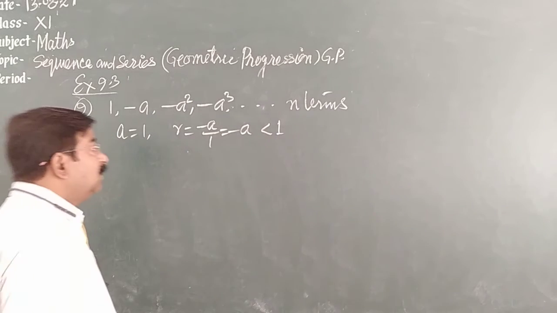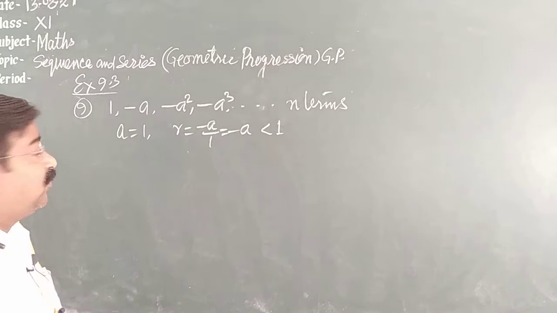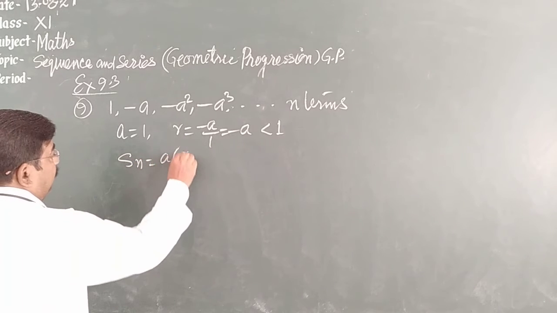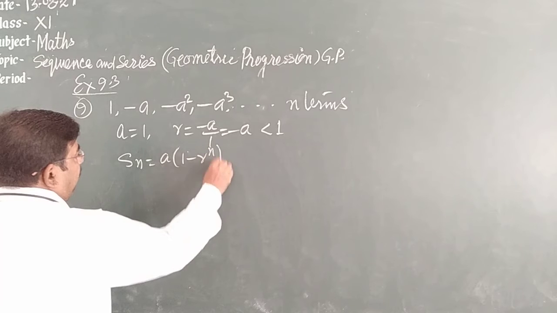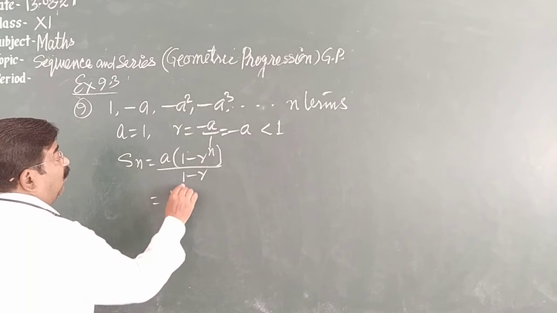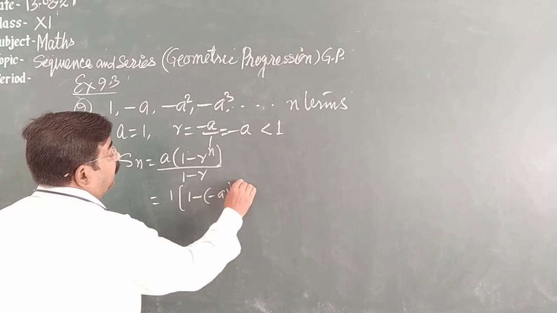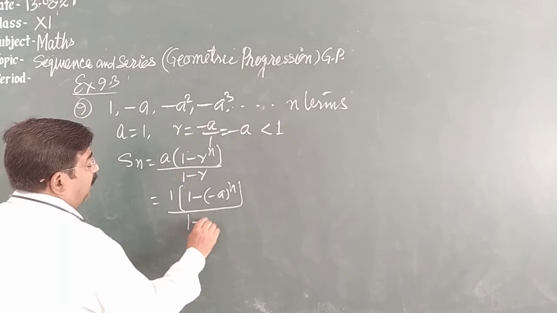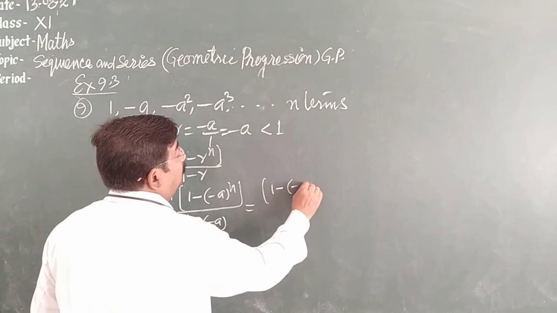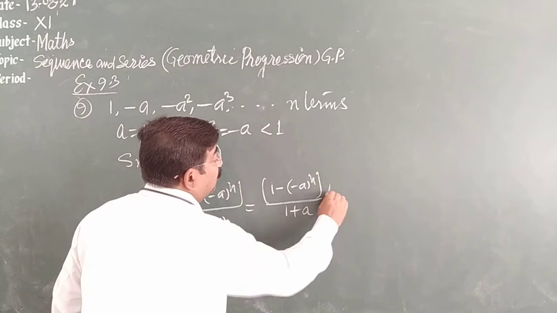Why it is less than 1? Because it is negative and negative term is less than 1. So apply the formula for sum. Sn is equal to a times of 1 minus r to the power n upon 1 minus r. So here we have a is 1, 1 minus minus a to the power n upon 1 minus minus a. The final answer is 1 minus minus a to the power n upon 1 plus a is your answer.